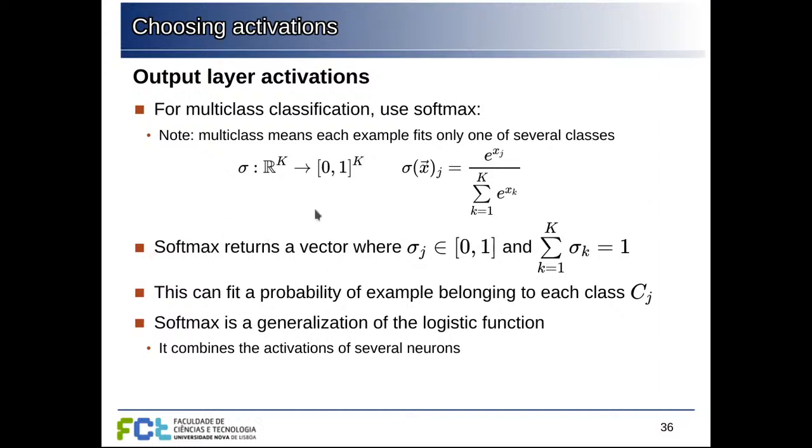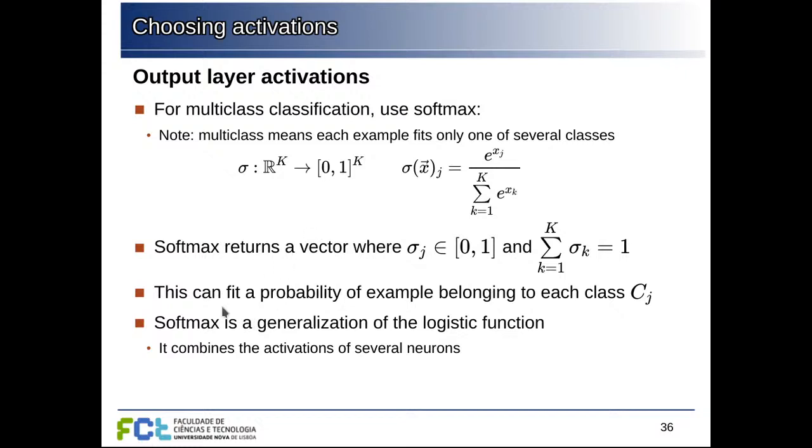And this we can do with the softmax function. So this is the softmax function, and it has this property. We output a vector of k values, where each of the values is between 0 and 1, so we can interpret that as a probability, and the sum of all these k values is 1. The probability of belonging to any of the classes must be 1, because the example must belong to one class at least, and at most exactly one class.